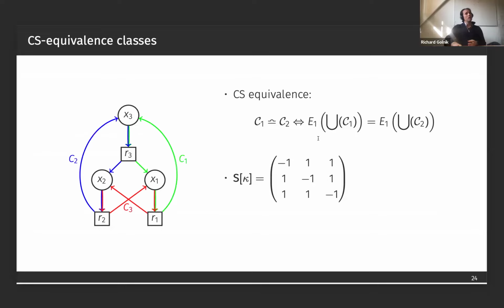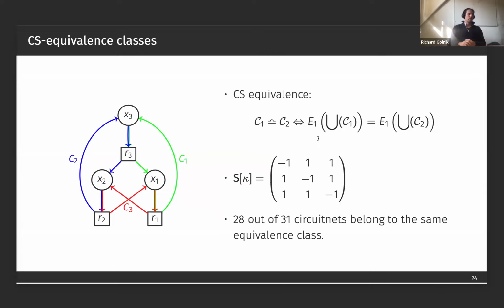And this is why we came up with the notion of a child selection equivalence relationship, which is defined not on all of the edges, but only on the educt edges. So two circuit nets are considered equivalent if their unions have the same educt edges.